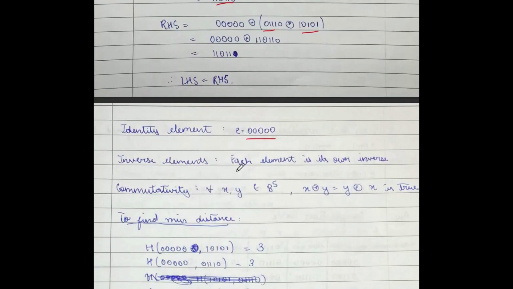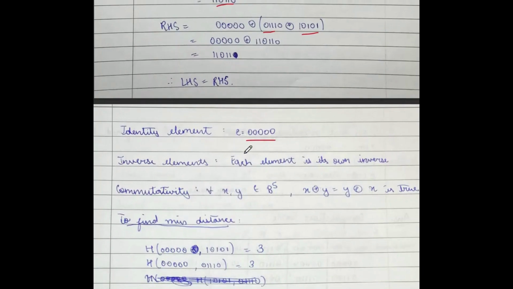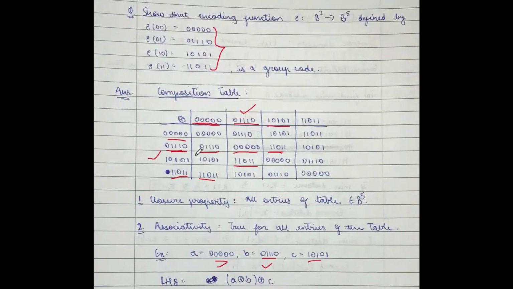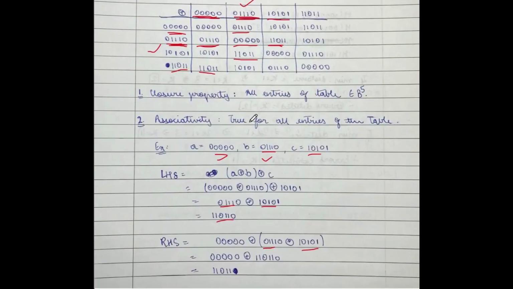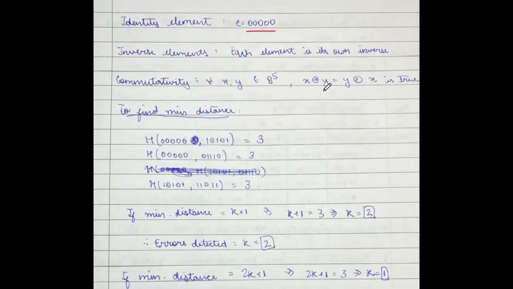Therefore, each element is its own inverse. Now for commutativity, we can clearly see that addition of this and this gives us this value. But if we reverse them and do the addition of this plus this, that also gives us the same value. Therefore, the commutativity property has also been proved.